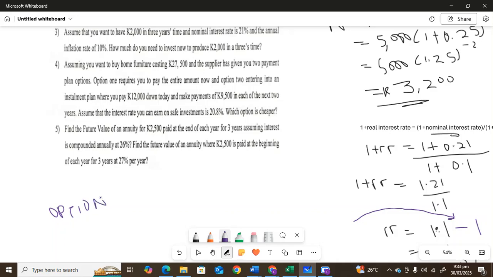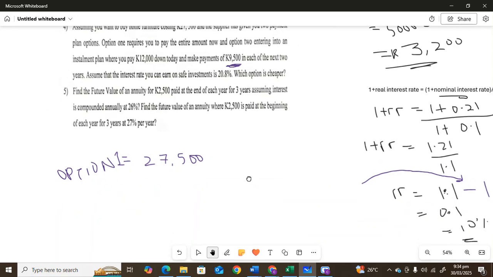Now for option 2, we have to find the present value of these 9,500 which you pay in year 1 and the other one you pay in year 2. This 12,000 you're paying it today. So for option 2, let's get our present values.